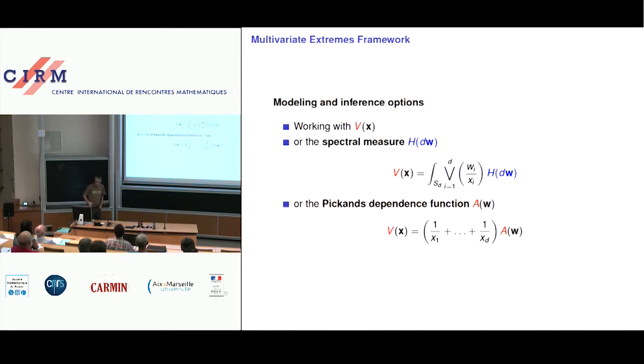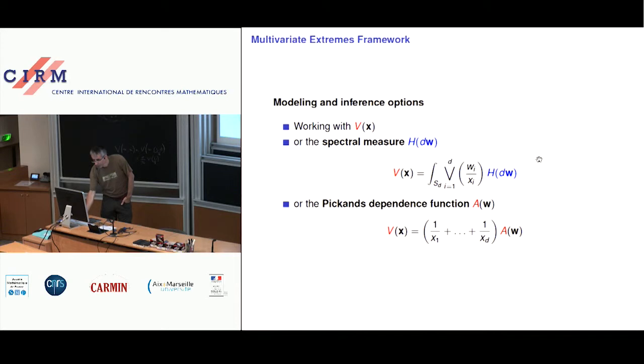So now I'm going back to the problem of dealing with the function V, and you have different approaches. In fact, basically you have 3 different approaches. One is to say I can try to estimate V directly. Okay, that's one option. Or you can use a spectral measure, which is a different representation of the V function. Okay, and so I'm going to write down.